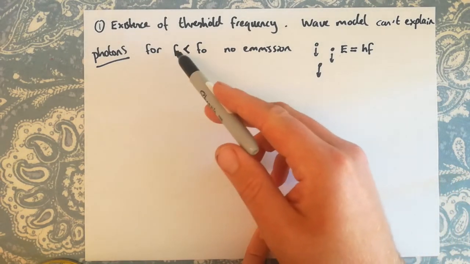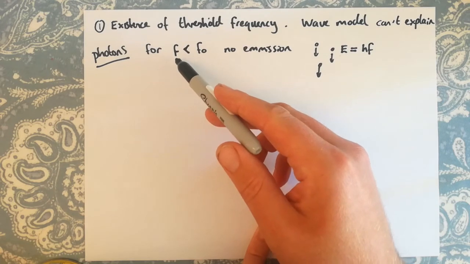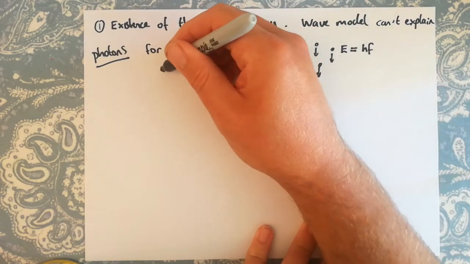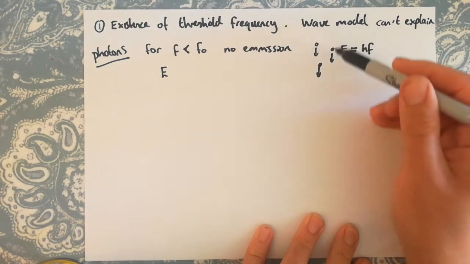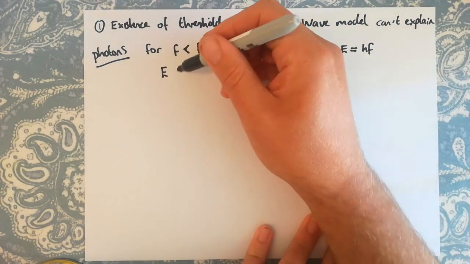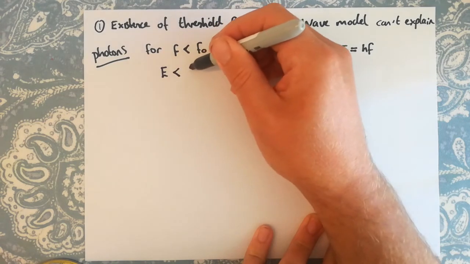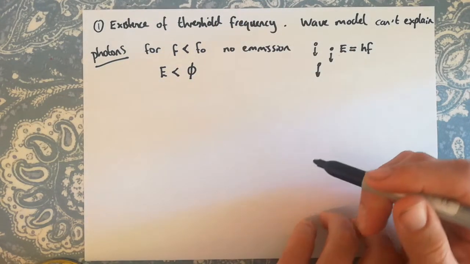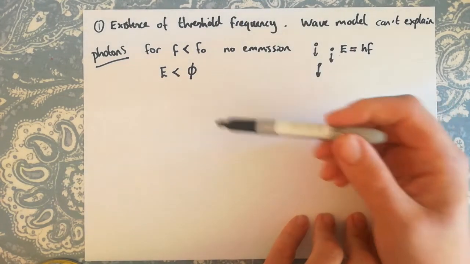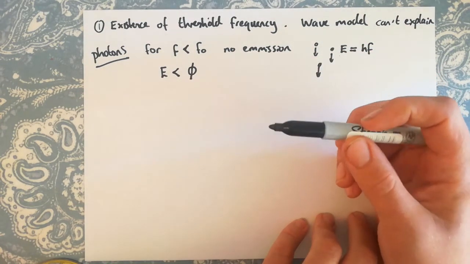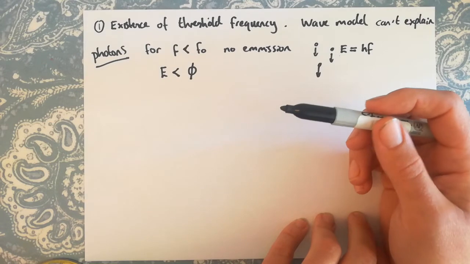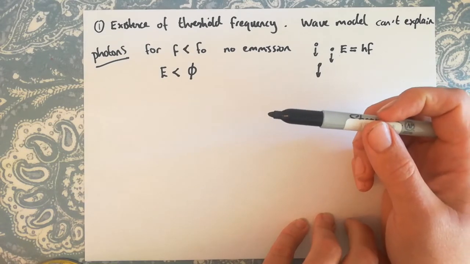So below the threshold frequency, all we need to say is that these photons have an energy that is below the work function of the metal. Remember, the work function is the minimum energy required to free the most energetic electron.